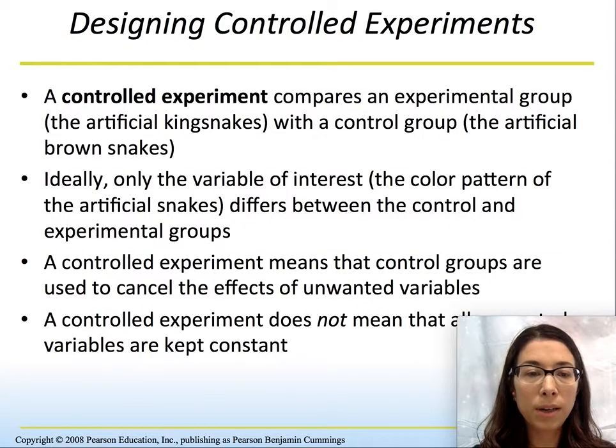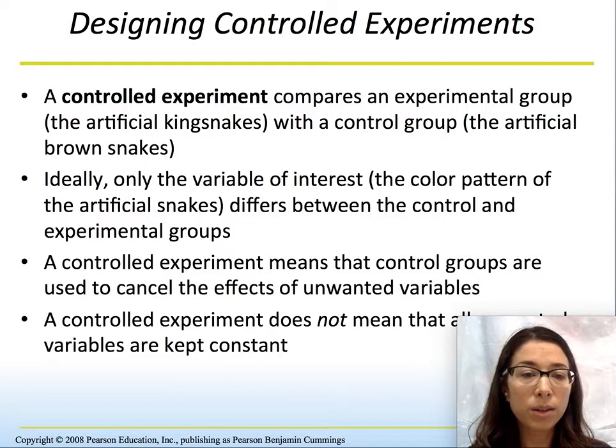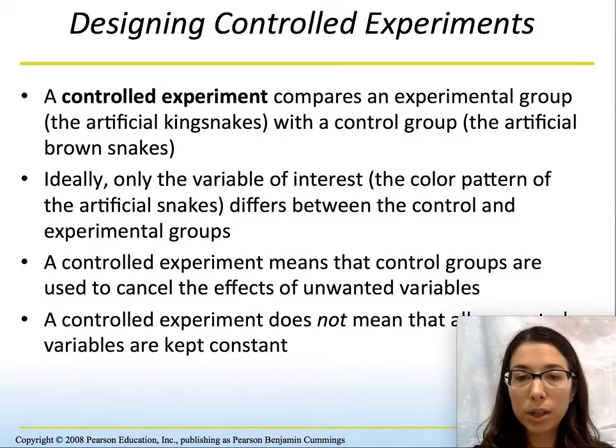So in this experiment, there was an important control. A controlled experiment compares an experimental group, in this case the artificial king snakes, the colorful snakes, with the control group. Ideally, only the variable of interest, for example the color, would be different between the two groups. So we would not want to start changing a lot of different parameters, because that might confound our final results and make it impossible to come to a conclusion.